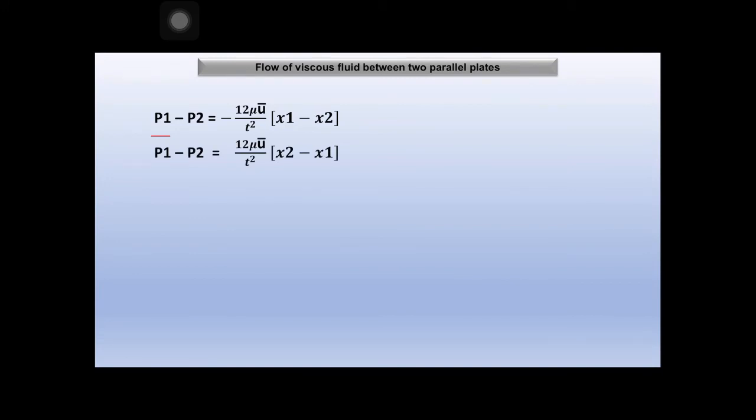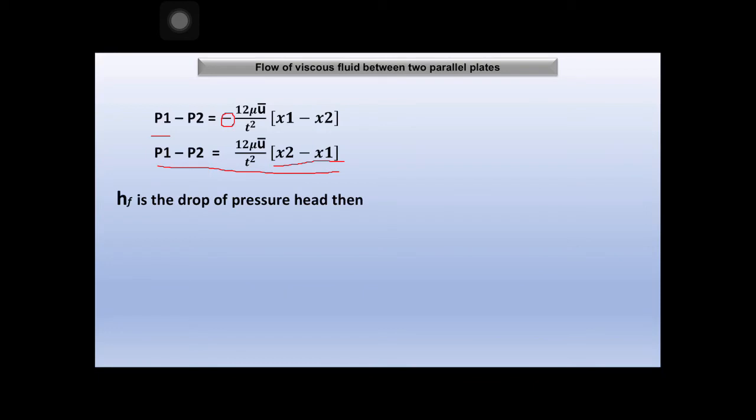In this term we can see that the sign has disappeared, so we need to exchange x2 and x1. This equation will become p1 minus p2 equal to 12 mu into u bar divided by t square in the square bracket x2 minus x1.